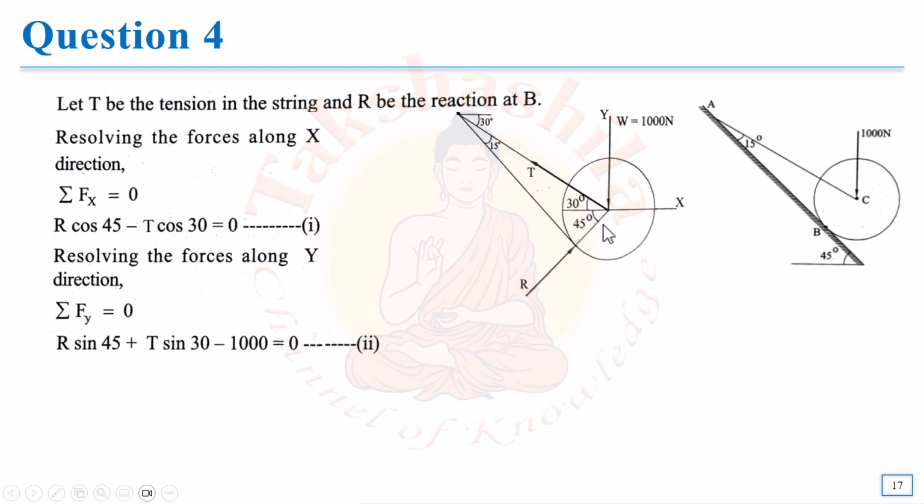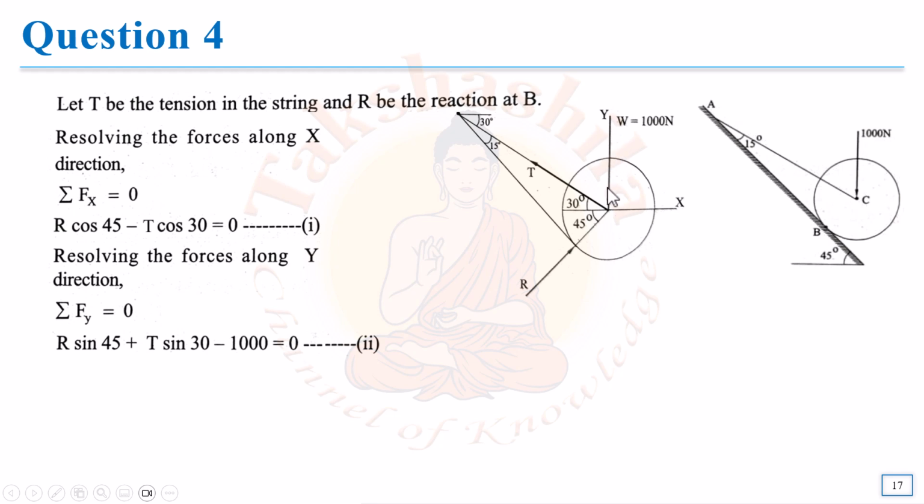Then we have this tensile force acting like this, so it will have a vertical component acting upward, with magnitude T times sin 30 degrees, and it will also be positive. So you can see here R sin 45 plus T sin 30. Why is it positive? Because this component is acting in the upward direction.